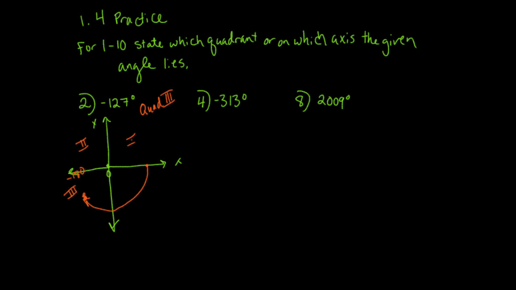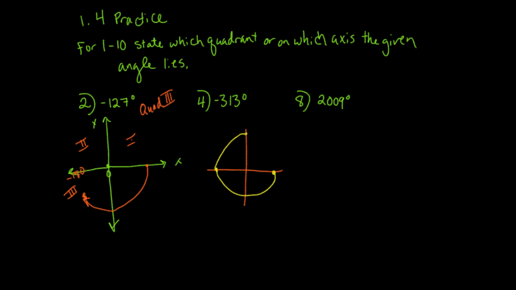Okay, so with negative 313 degrees, if I start here on the x-axis, right here, this is my initial side. I'm going to go around 180 degrees, and then I'm going to go up to 300. So this is 180 degrees, or negative 180.